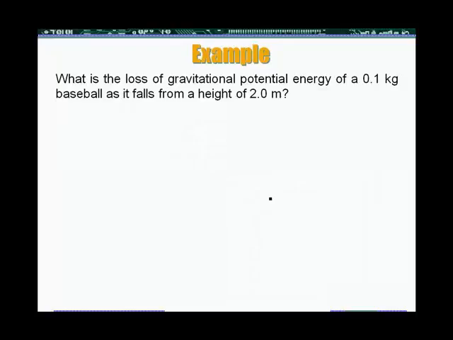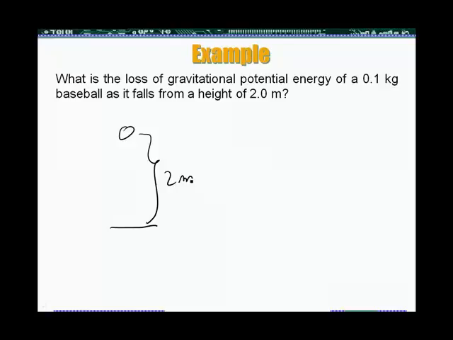Now this next question is asking us about the loss of gravitational potential energy of a baseball when it falls from a height of 2 meters. Okay, so if it's going to fall from a height of 2 meters, that means it's starting here, it is going to end up here. There's going to be a 2 meter difference.